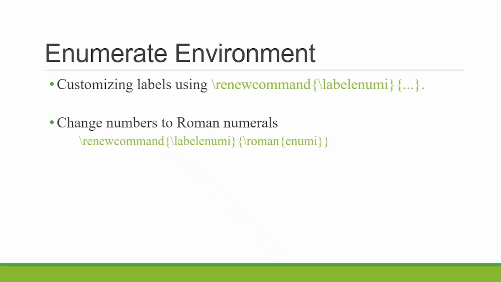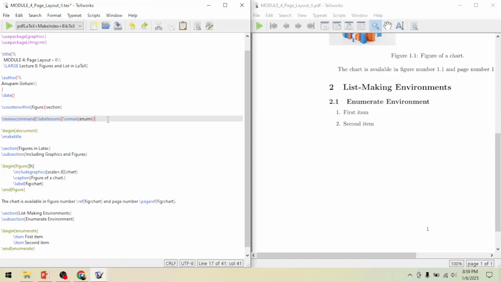This modifies the numbering of your list to display Roman numerals such as I, II, III instead of default Arabic numerals.